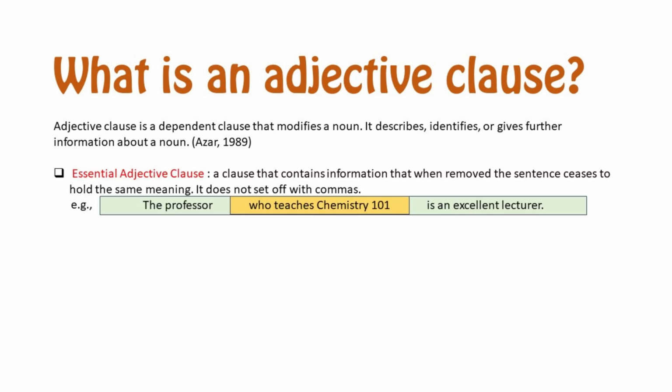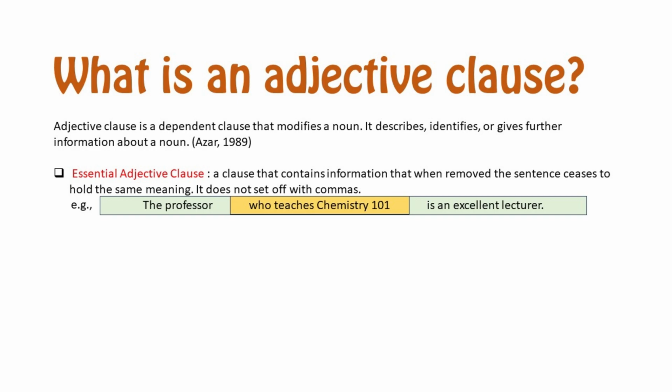An essential adjective clause is a clause that contains information that, when removed, the sentence ceases to hold the same meaning. It is not set off with commas. For example, the professor who teaches chemistry 101 is an excellent lecturer.